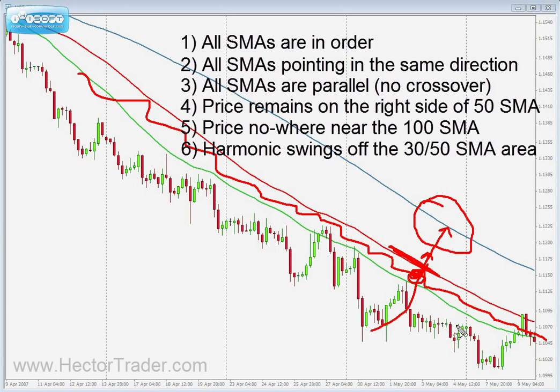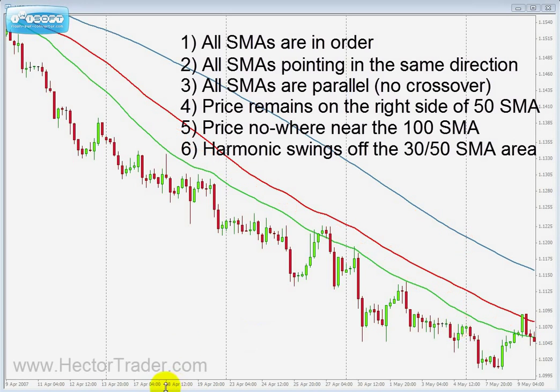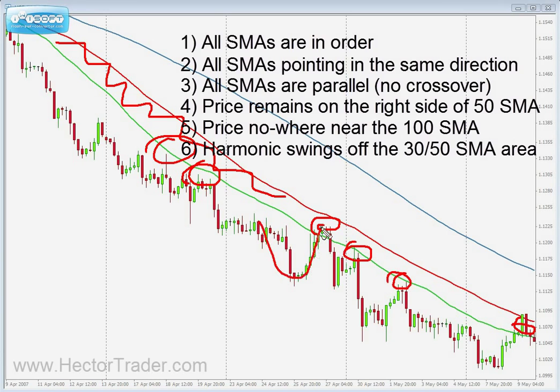I'm going to show you some clear examples of why I consider the area between the 30 and the 50 to be a dynamic area of resistance. But just to dip you into this concept, I like all the different swings, all the different retracements, to end at this precise junction of the chart, and moreover, most of the different swings to be created off that area.